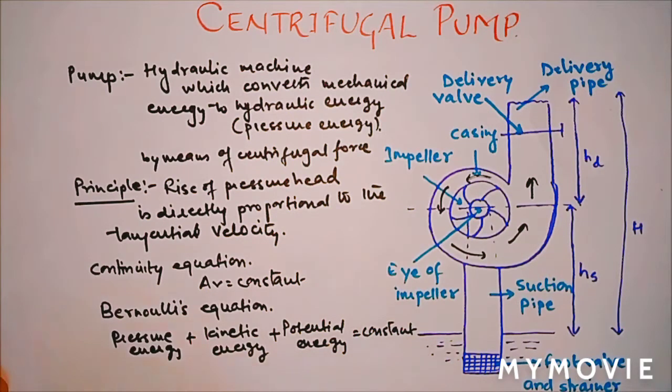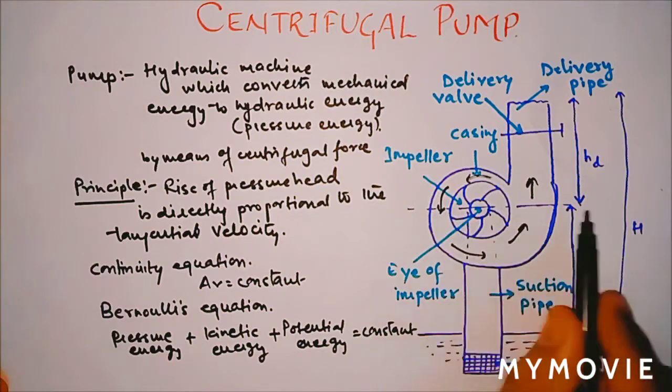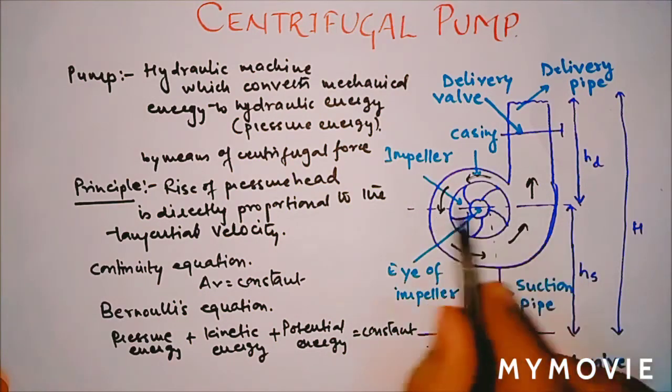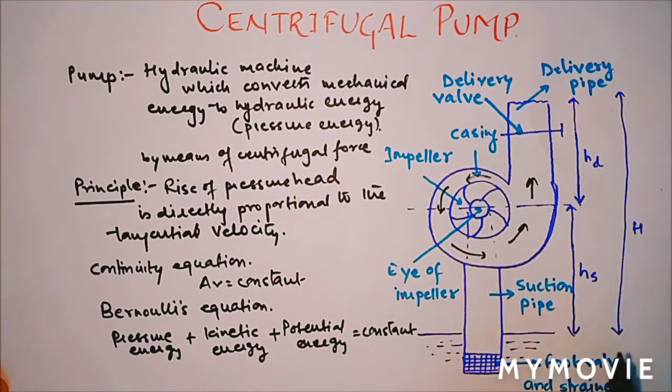This is the Bernoulli equation. As we considered, the points in the casing are on the same level from the ground, so we can ignore potential energy. At the end we get pressure energy plus kinetic energy is equal to constant. So if the pressure energy increases, the kinetic energy decreases, or if the kinetic energy increases, the pressure energy decreases.